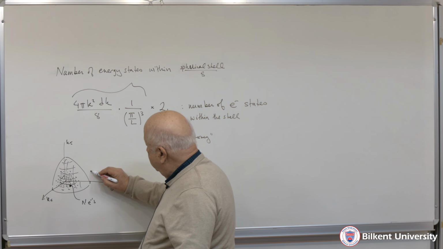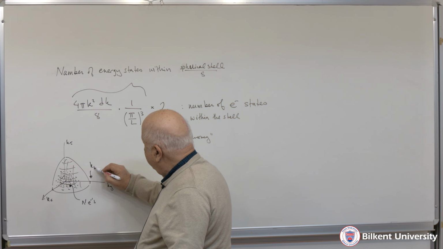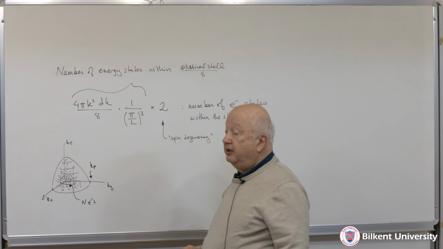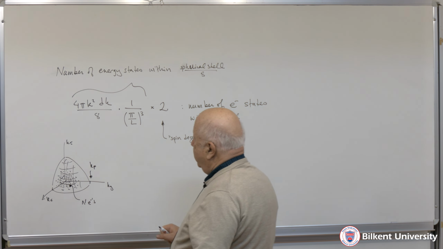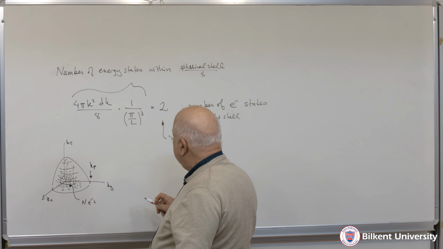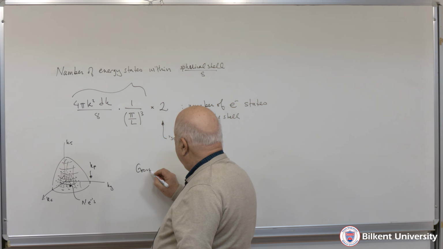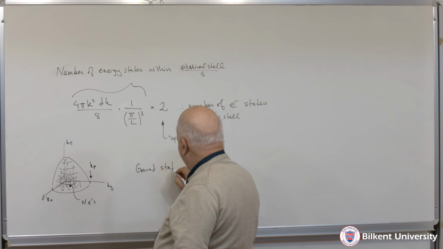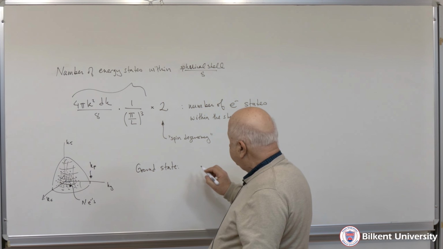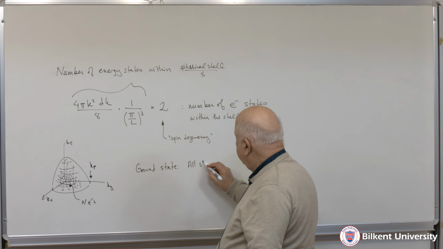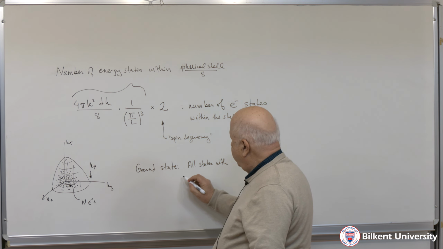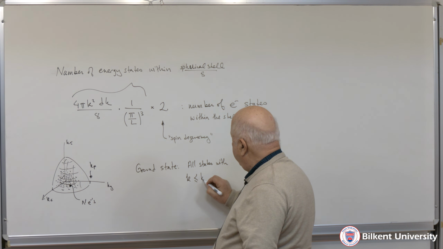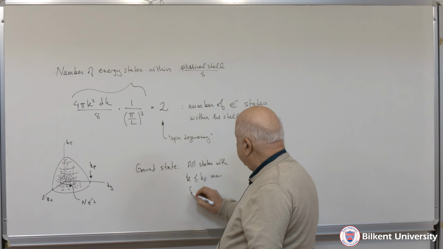That k is called the Fermi wave number, the k value for F, k_F. So if I want the ground state, this says all states with k less than or equal to k_F are filled, and others are empty.